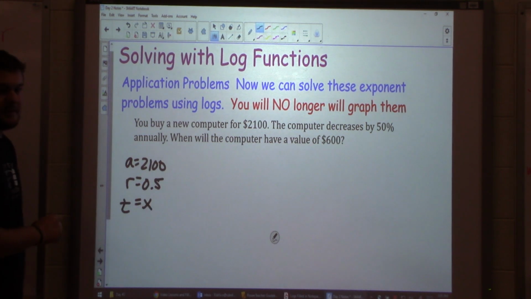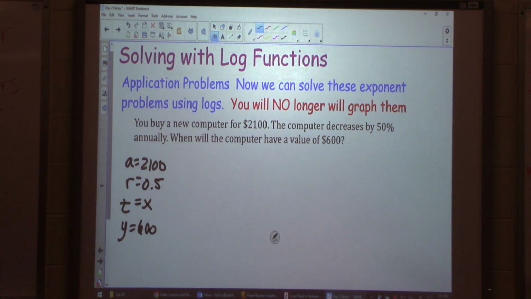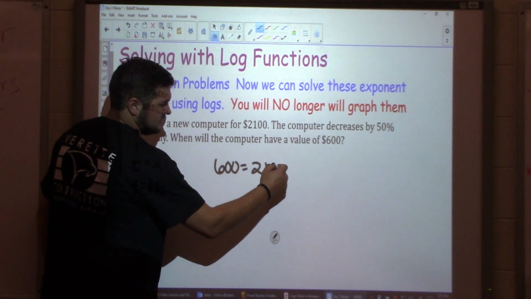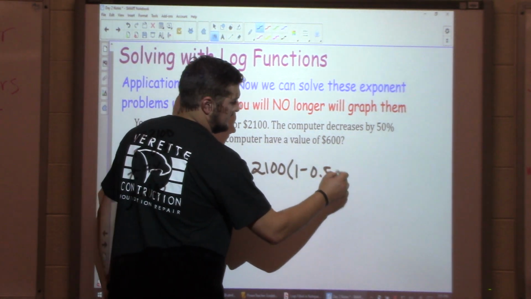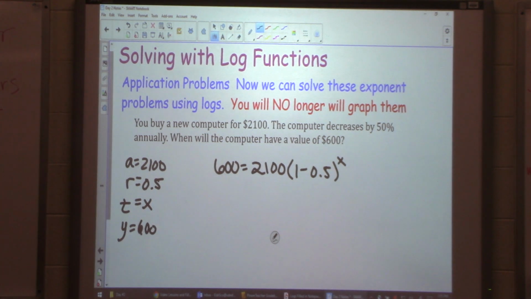My time is my variable, and what I want it to equal is 600. So if I set up that equation we used last unit, 600 equals 2,100 times 1 minus 0.5 to the x power. That's my decay rate formula: y equals a times 1 minus r to the x power, or to the t power.